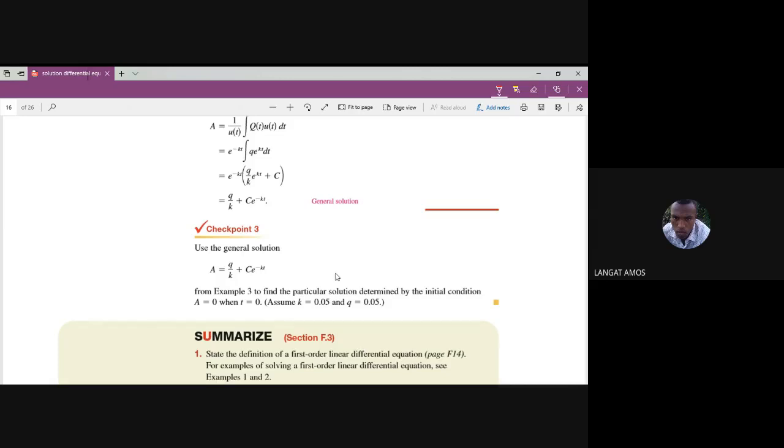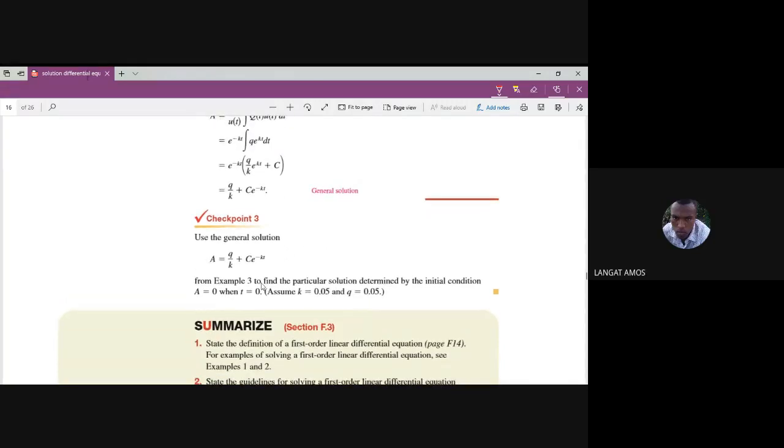A particular solution is determined by an initial condition: A equals 0 when t equals 0. Assume k is 0.05 and Q is this one. Replace them, and then find this c. After finding c, you say A equals Q over k plus whatever you get from c, times e raised to negative kt.